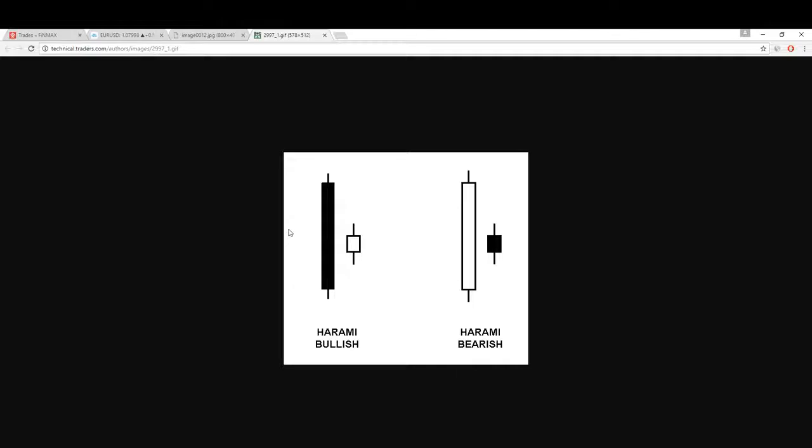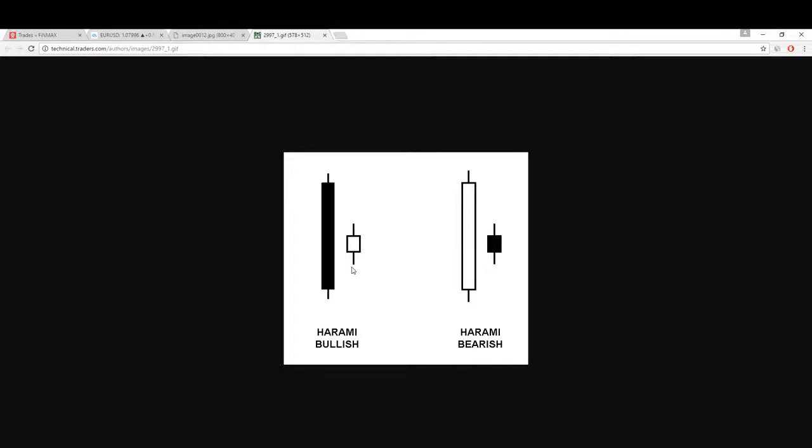So that's all their common features. The first one needs to be bigger than the next one, and the body and the shadows of the second candle should be within the body of the first candle. But remember that they can be of the same color.